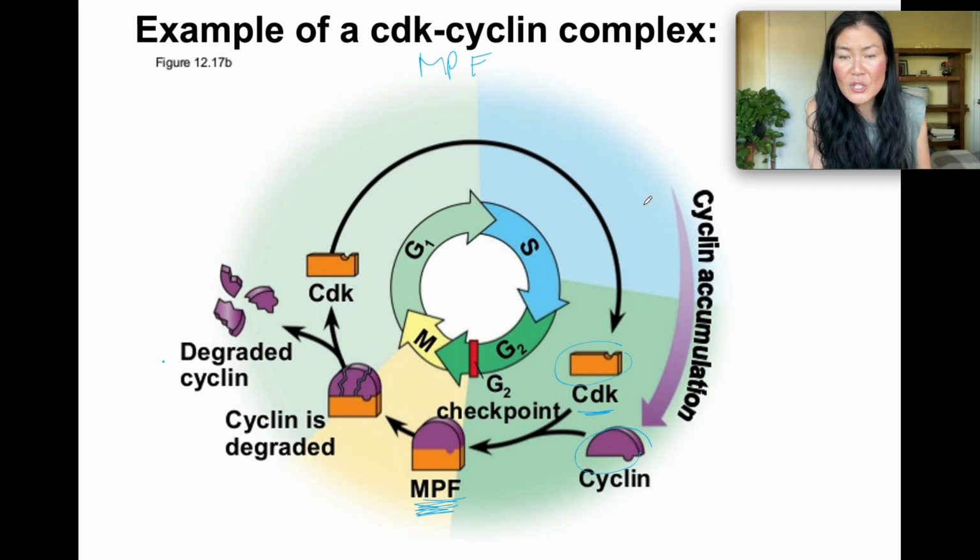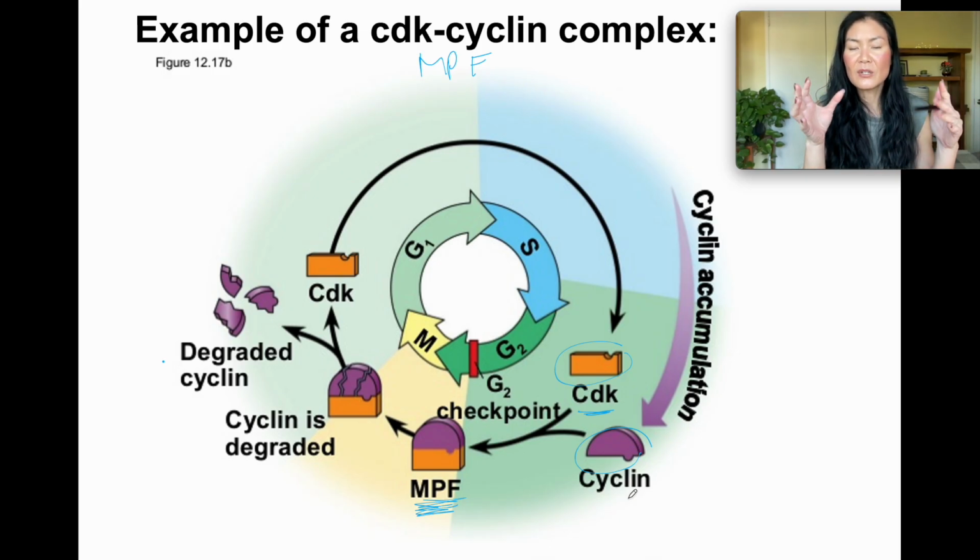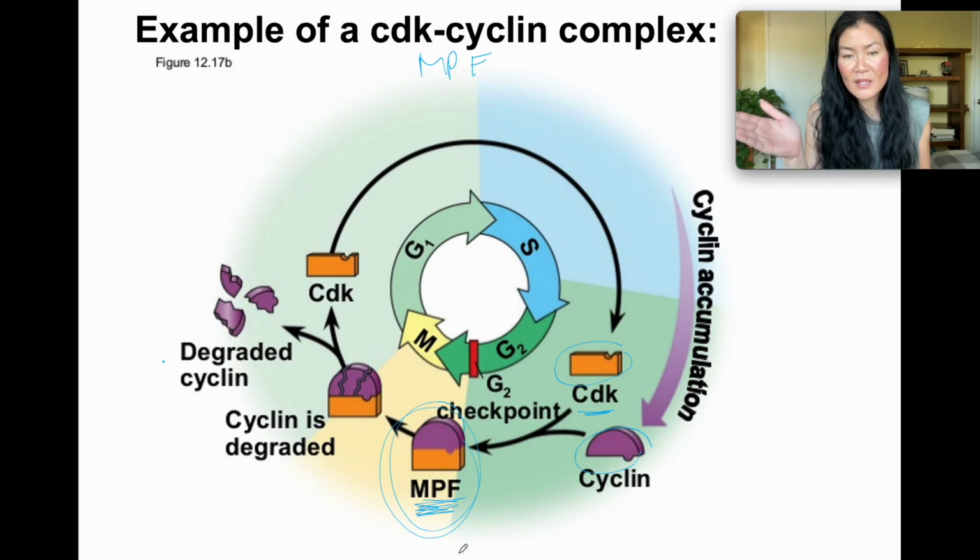It starts to accumulate in the S phase. So your cell will start to make more and more of those cyclins until there's a high concentration of cyclin. If there's a high concentration of cyclin, it's going to collide with the CDK, and they're going to make the MPF complex, and that's going to be the go-ahead signal for the cell to go into the M phase.